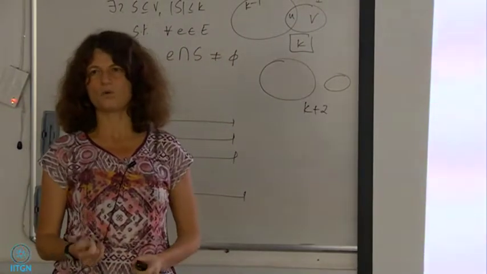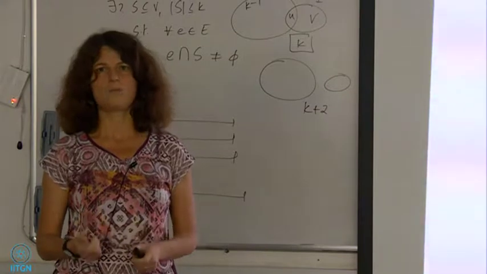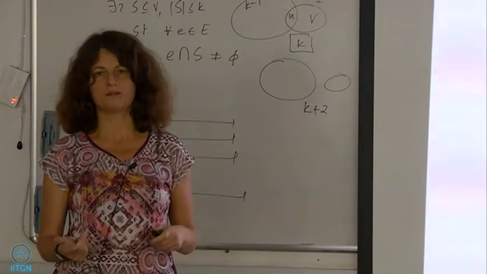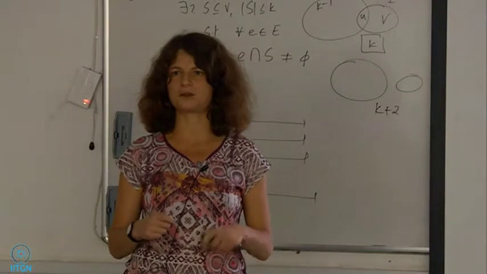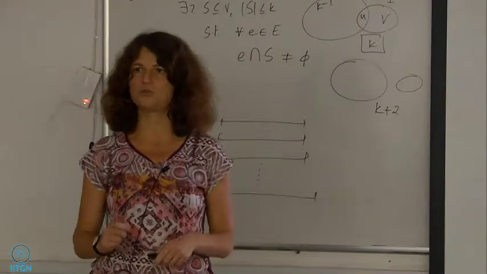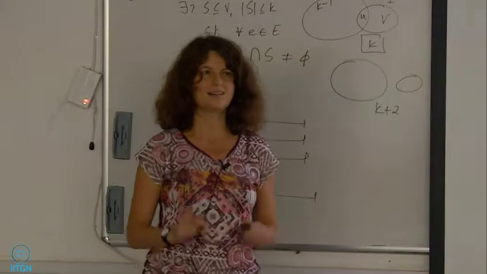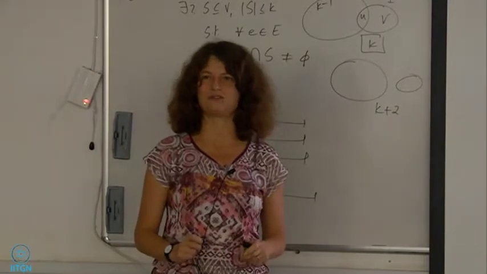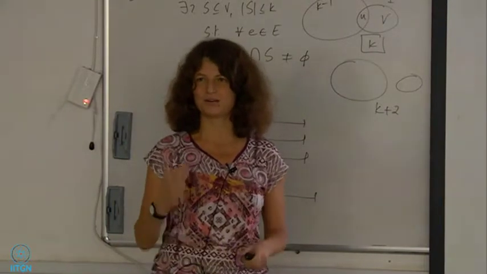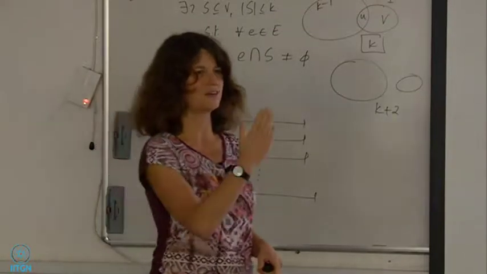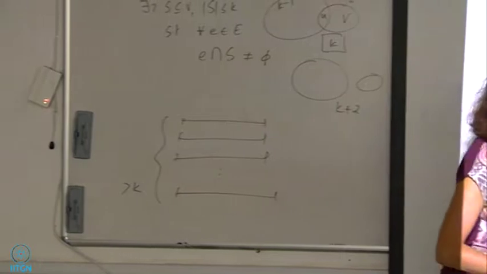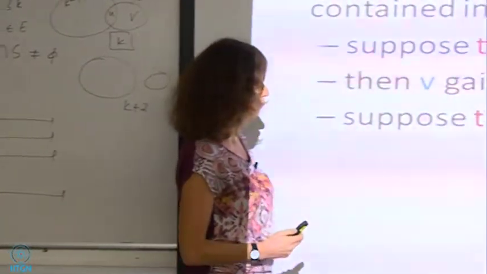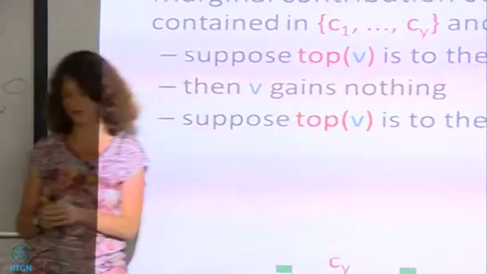So for all other voters, how much happier they are when we add CZ can be measured just by comparing their satisfaction from Cy and CZ. We don't have to look at the rest of the committee. This is exactly the sort of feature we need for dynamic programming: a clean boundary separation. This voter doesn't care what happens to the left of this point. All he needs to know about the committee is that it contains Cy.